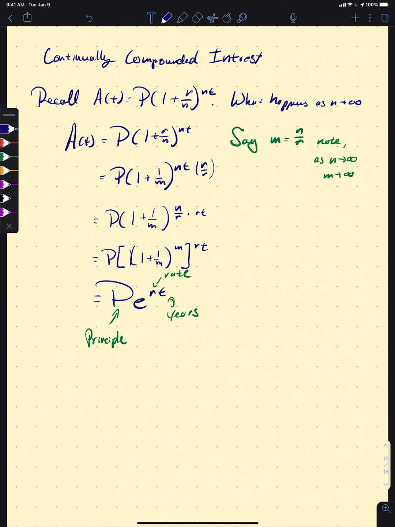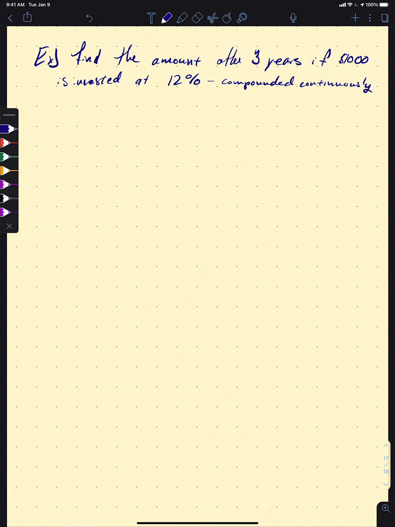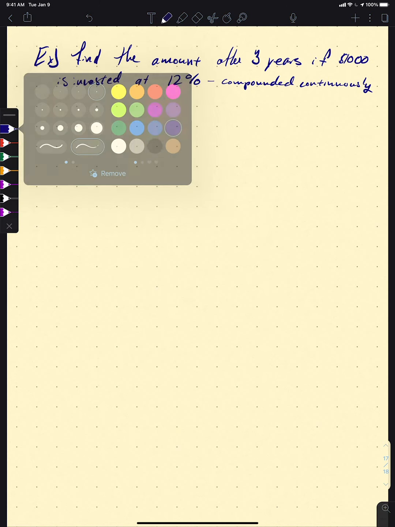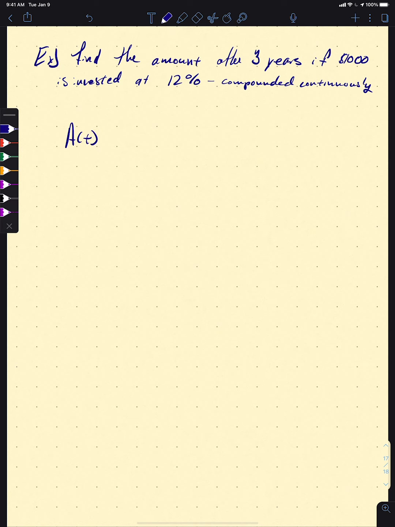And so I have one last example for you. We're being asked to find the amount after 3 years if you invest $1,000 at 12% compounded continuously. So we have our function A of t, and A of t is equal to Pe to the rt.